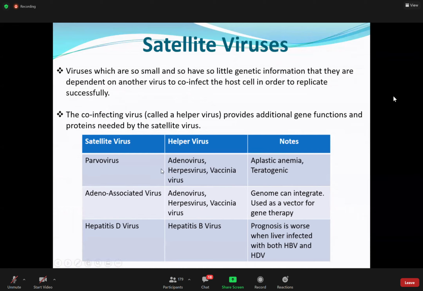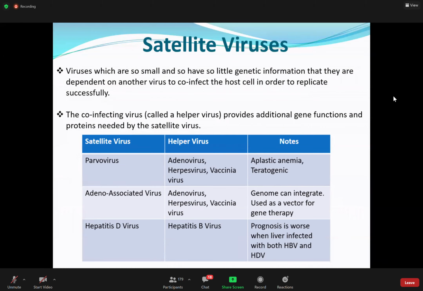And finally, we have a group of viruses which are so small that they only have enough genetic information to code for one or two proteins, namely capsid proteins.